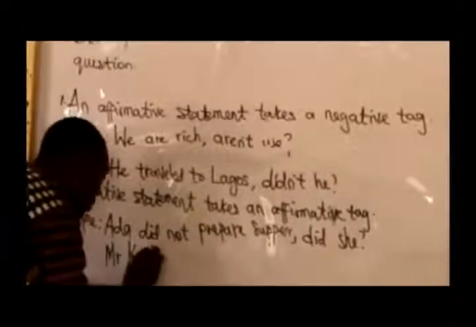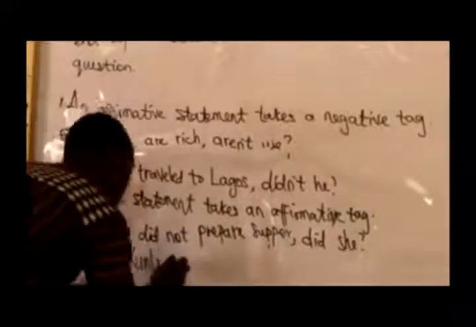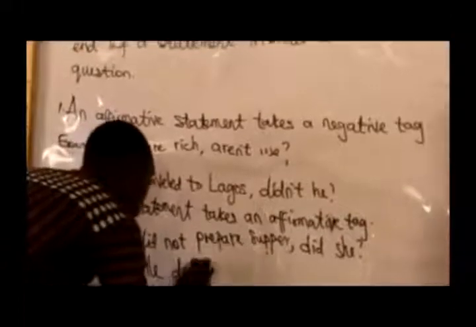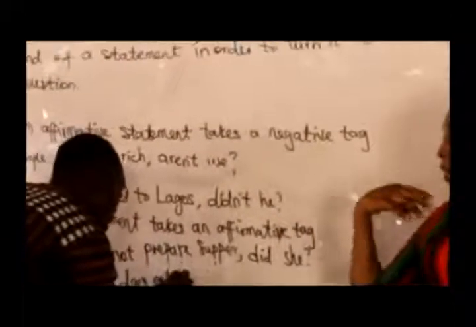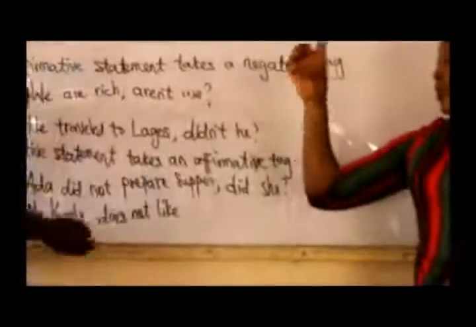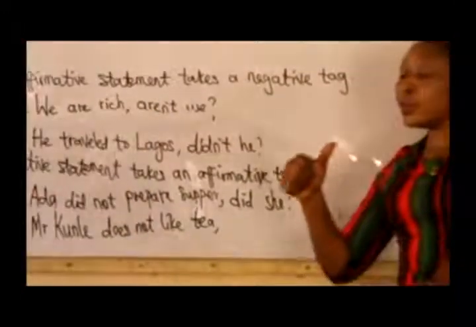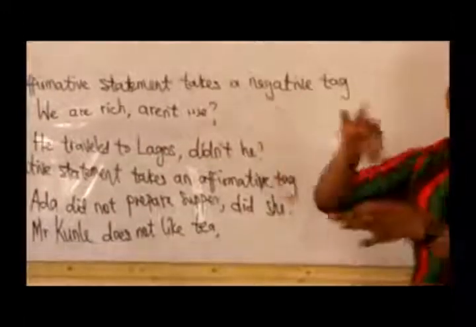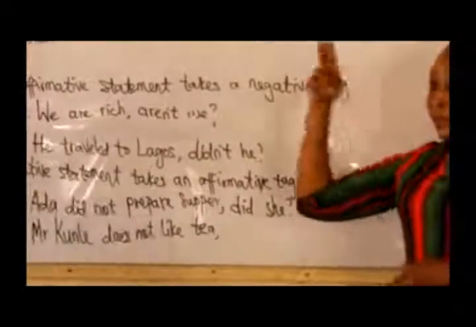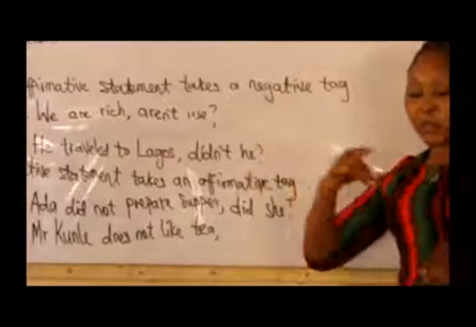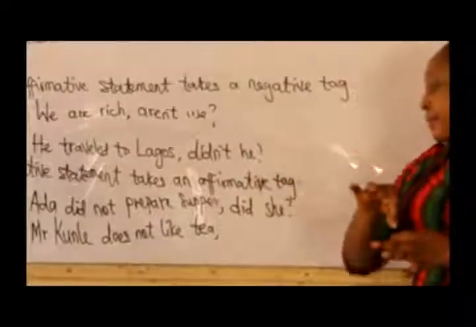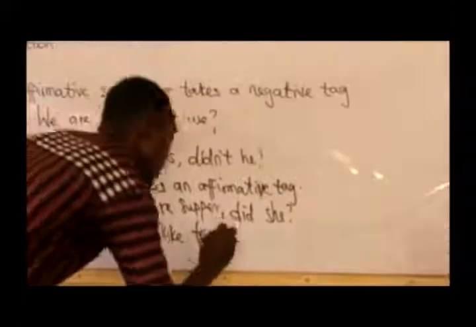Mr. Kunle does not like tea. This also is a negative statement. Mr. Kunle does not like tea. He doesn't like tea. Now, what kind of tag should we put here?